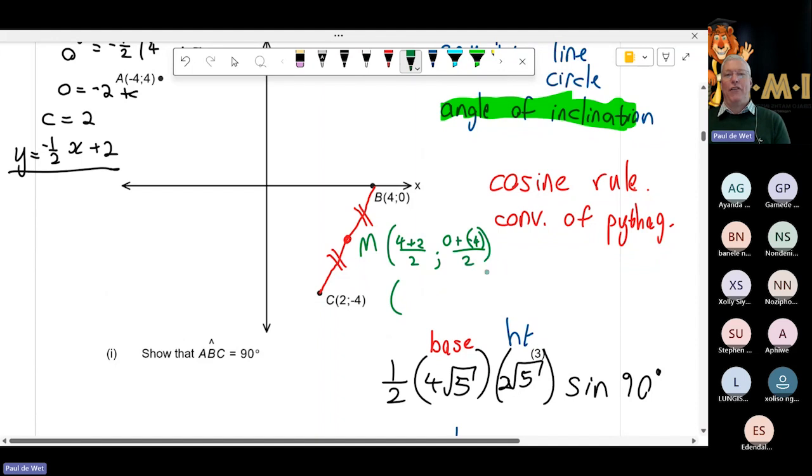What did you get for your final answers? Yes, 4 plus 2 is 6, over 2 is 3, and negative 2.